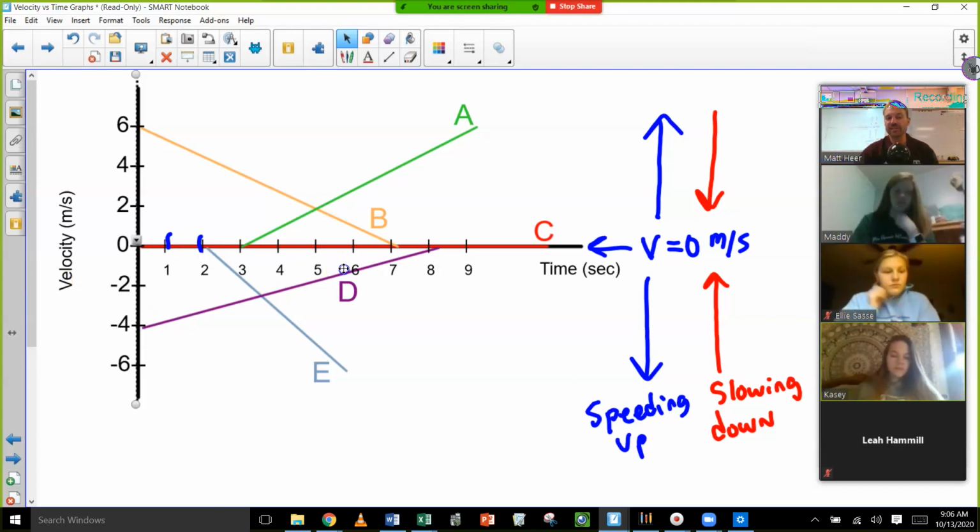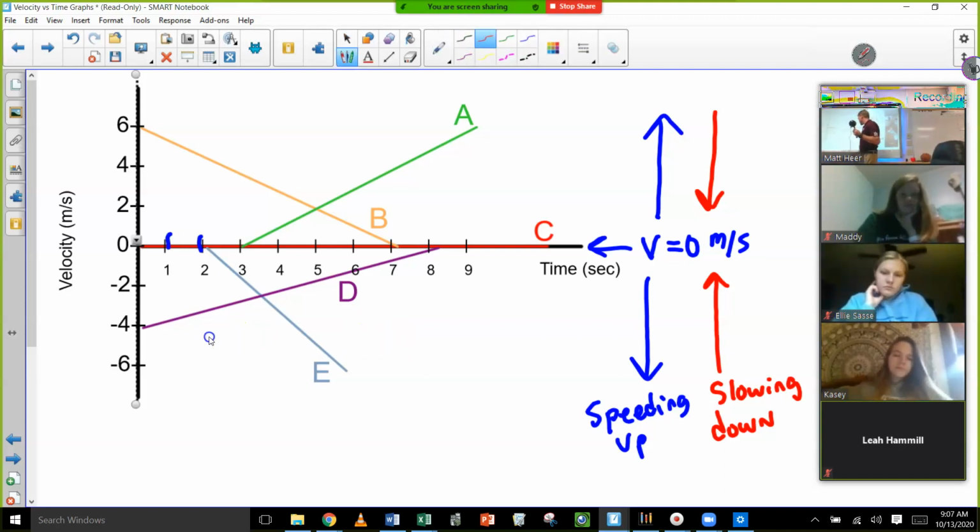Letter D. What's D doing? Slowing down. Yeah. It's funny because anything below this axis is opposite. So as this graph goes like this, that's slowing down. Even though the graph is going up, it means it's slowing down. And in this graph here, it's going down, that means it's speeding up.